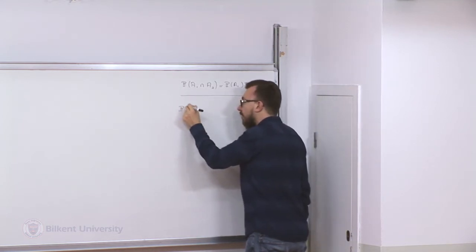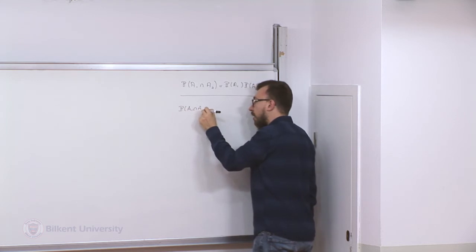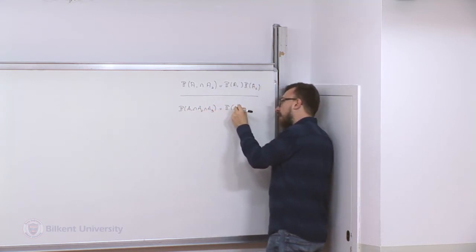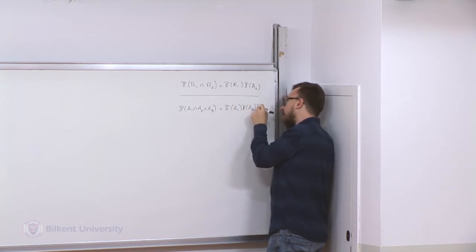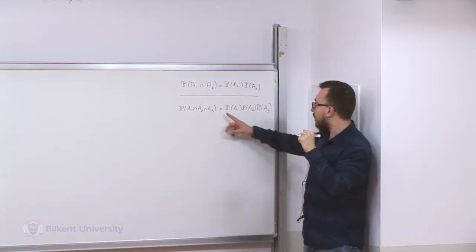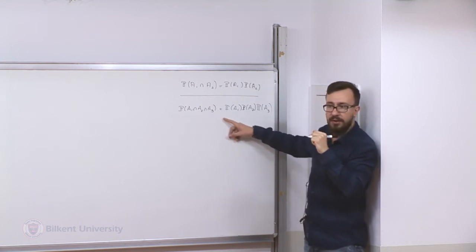If you look at three events, this is the product of the individual probabilities. Am I right? So is it the definition of independence of A1, A2, A3?